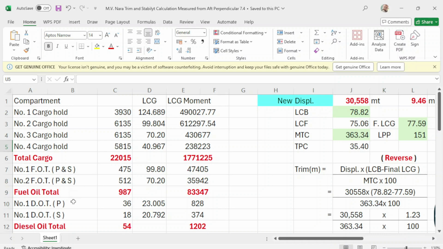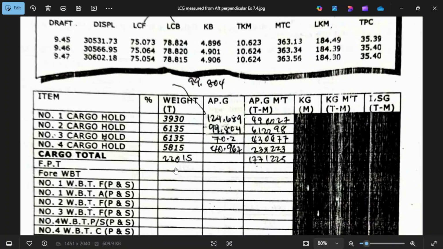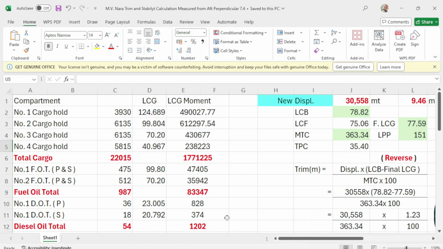Okay, so all cargo holds loaded, the total cargo loaded is 22015, and this is the LCG moment. LCG moment is 1171225. Okay, the same. Then we have the fuel.